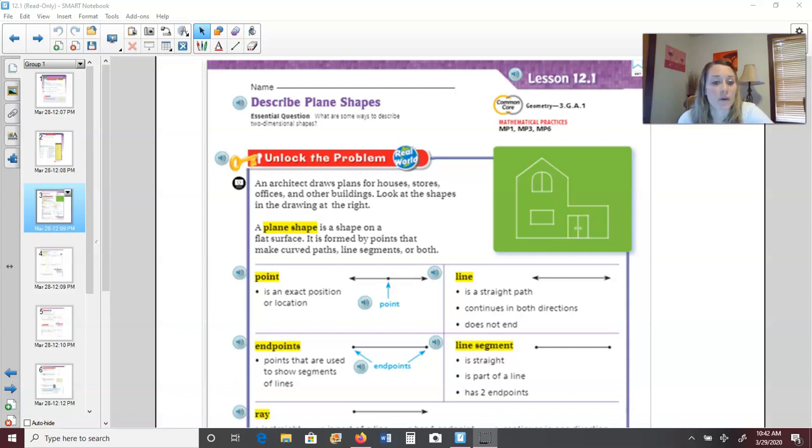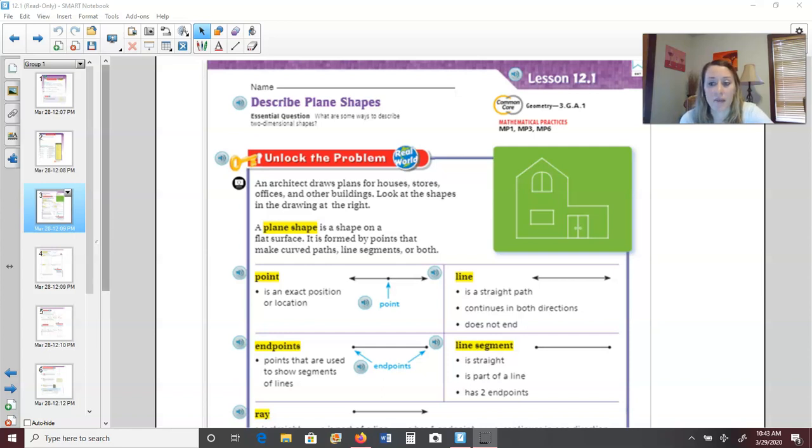The roof is in the shape of a triangle. You could imagine drawing the bottom segment of the triangle there. So in the real world all around us, there are shapes that we can pick out. And when we put these shapes together, we can create buildings and statues and all kinds of things.